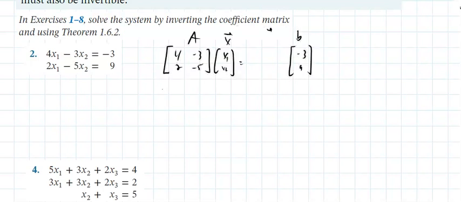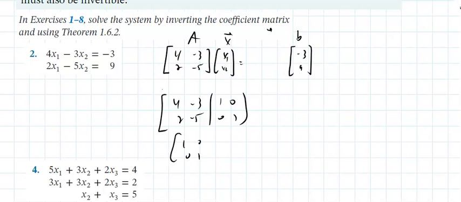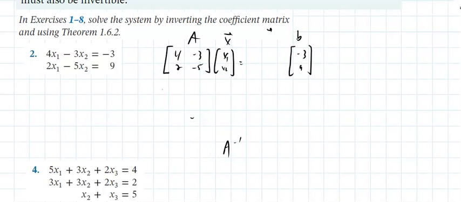Either I do my magic and make the left side the identity, and whatever is here will be the inverse. Or since I am aware of how to do a 2 by 2, and I know there's a shortcut for it, I could actually do it.